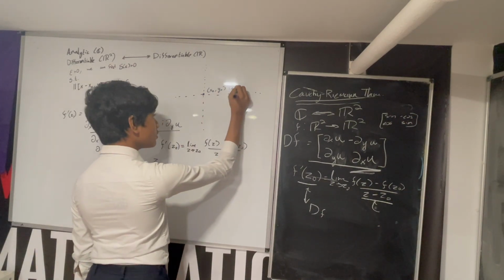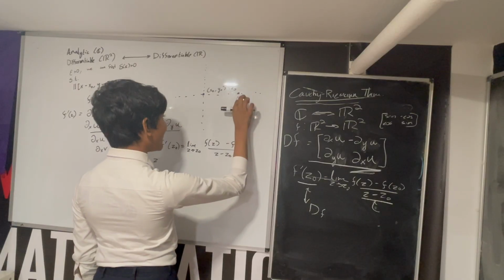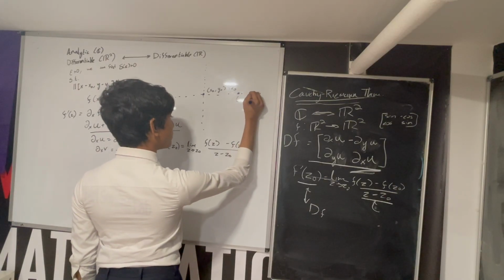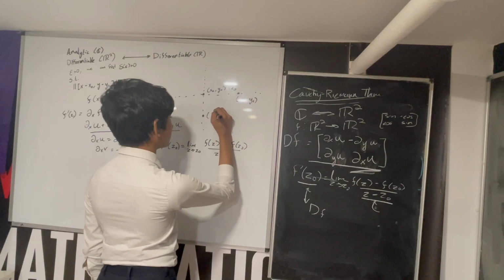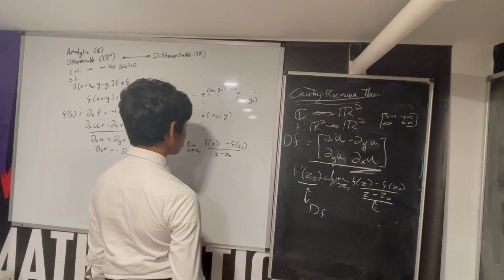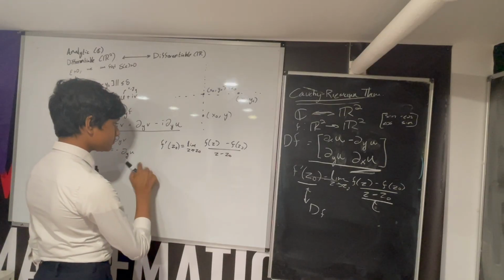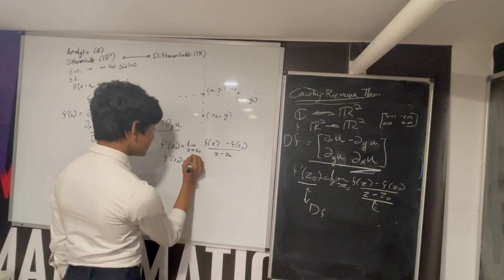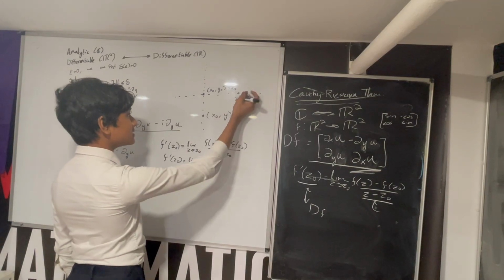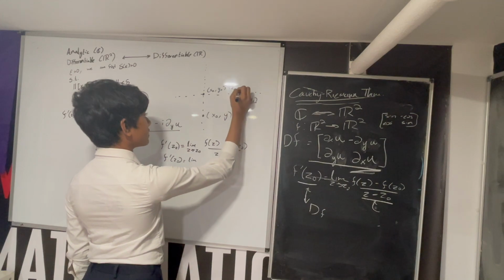So first, we're going to take some random point with the same imaginary component but different real component, and then we're going to take another point with the same real component but different imaginary component. And we'll see what we get out of it. So f prime of z naught is equal to the limit as you approach it. Let's pick one randomly. Let's start with this one.